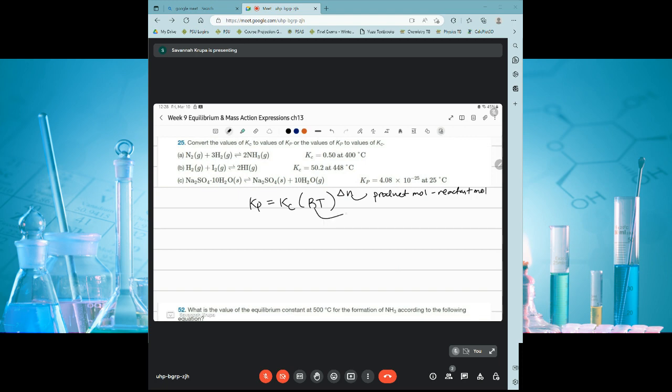The R is going to be the gas constant, and that's going to be equal to the 0.08206 that you've seen a lot, and then the T value is going to be the temperature in Kelvin. And then the Kc value is the constant for concentration, and then the Kp value is the K constant for pressure.